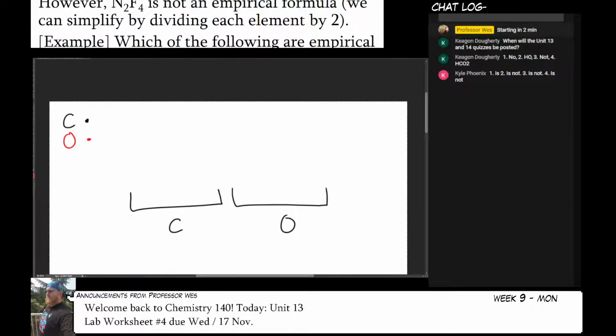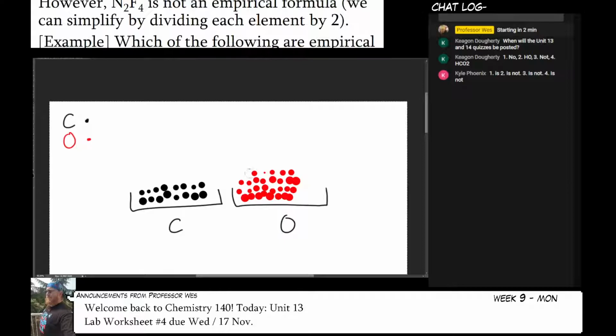So what we'd end up doing is getting something like this, and I've got to make the brush size bigger. So there's my carbon, and then for my oxygen I'd draw more.